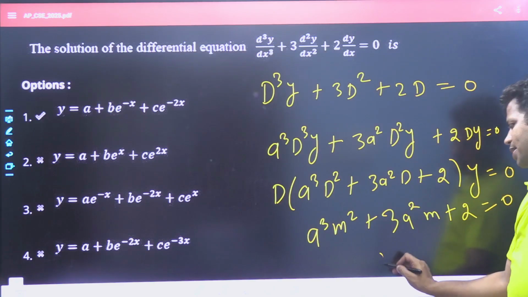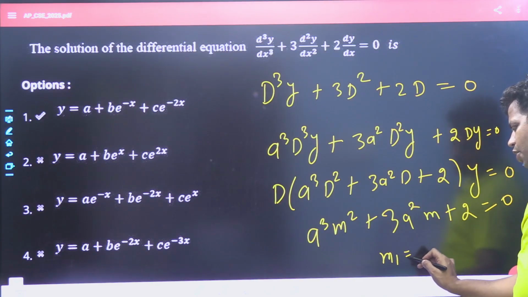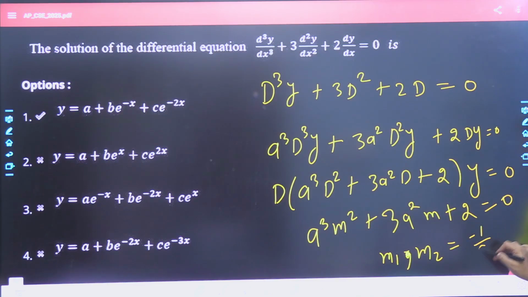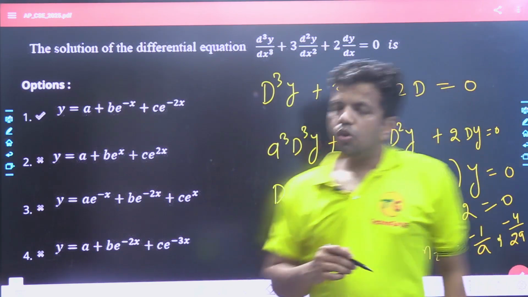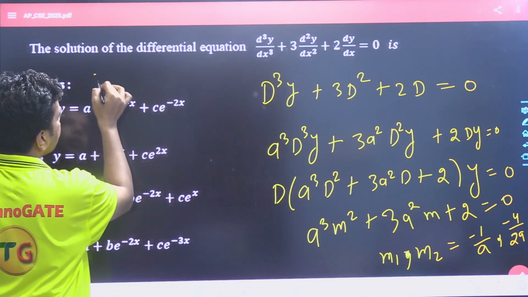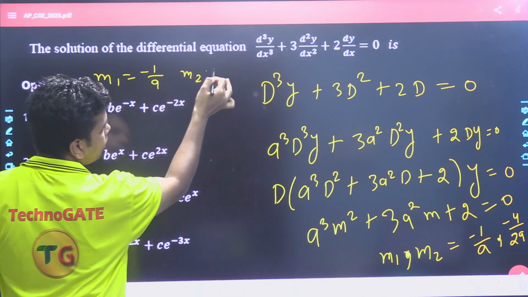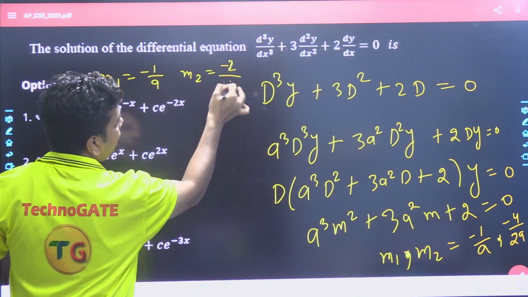Find the roots of this particular equation. On solving this, you get two roots. The values of m1 and m2 are minus 1 by a as well as minus 4 by 2a. So the value of m1 is minus 1 by a and the value of m2 is minus 2 by a.